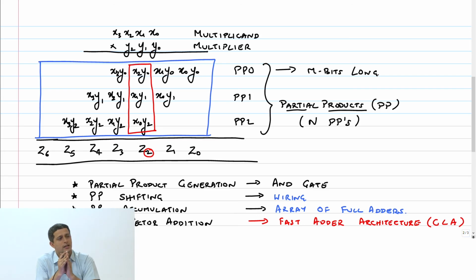That's why I said if you are doing x into y like this, then the number of partial products will be this, right? If you do it the other way, then you'll have more partial products. Okay, this is the convention I'm saying. x is m bits, y is n bits.